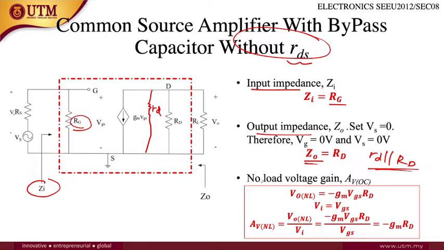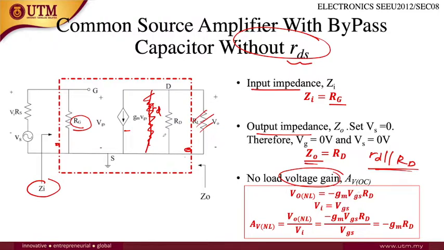All right. For the no-load voltage gain, it means the voltage gain before the load, at this point, not related to the load. If you want to calculate the output voltage at no load, you don't have to consider this load. So it is negative gm VGS times RD. Why negative? Because this is positive and this is negative, based on Kirchhoff's law it comes out negative.